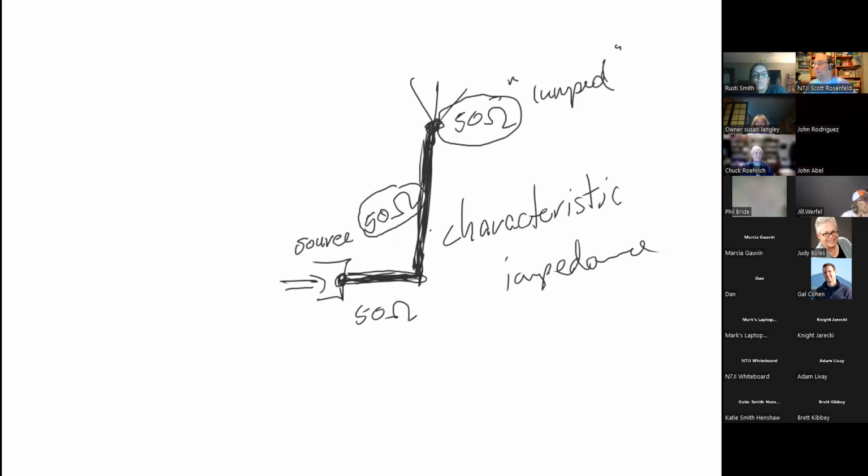It's designed to couple a source and a load together. And it has a characteristic impedance that's based on, believe it or not, its geometry, how it's built, what its components are. So let's say the characteristic impedance of the feed line is 75 ohms.